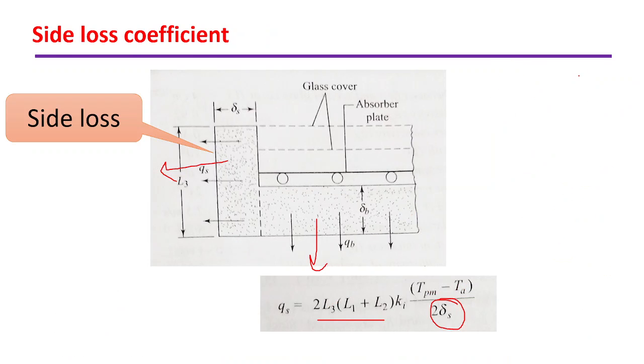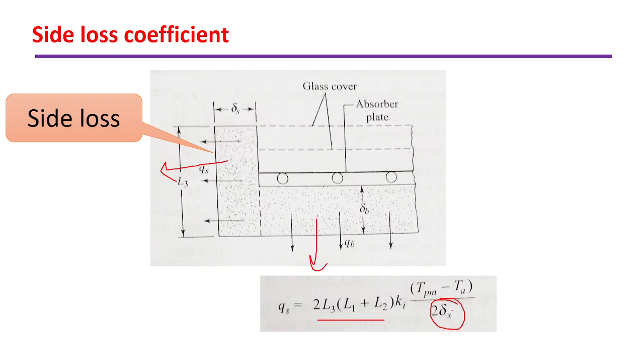Yeah, this is the side loss coefficient. See if you are able to solve it. The formula will be 2 L3 L1 plus L2 Ki, TPM minus TA upon 2 delta. Okay, have you noted down the equation? Yes, sir, I'm noting it.